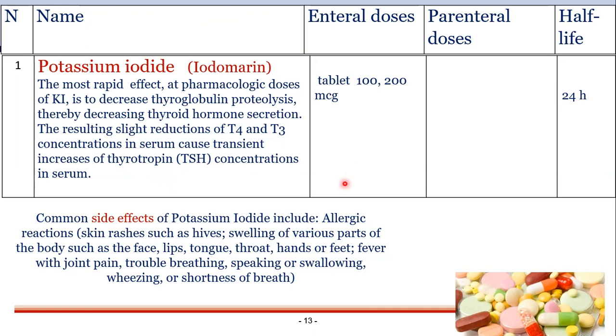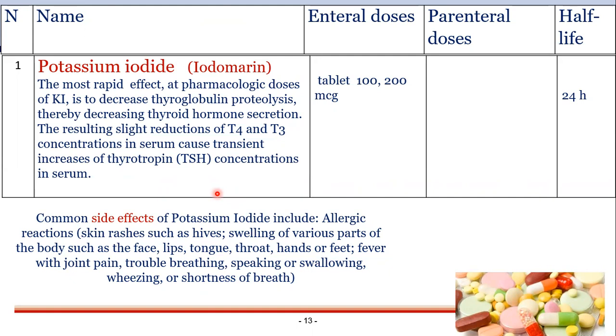Okay, and potassium iodide has enteral doses in tablets of 100 and 200 microgram. And the half-life of this drug is 24 hours. Of course, this drug has common side effects.